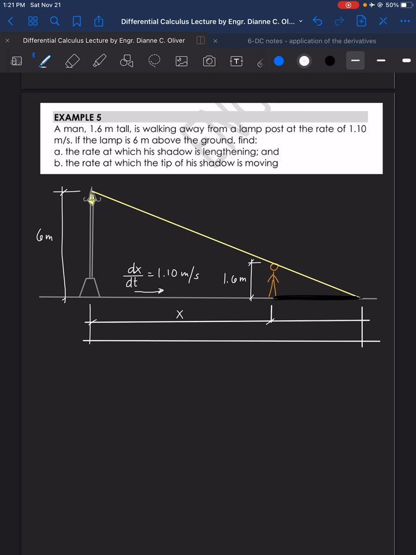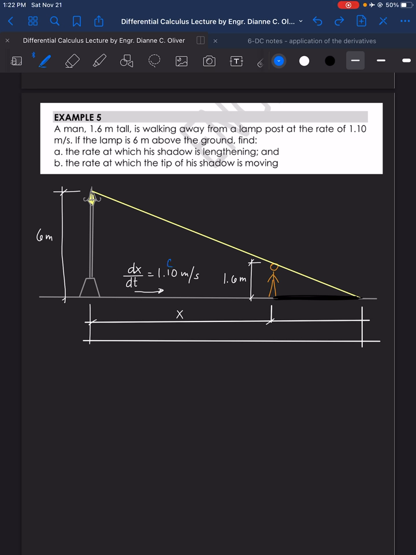Now, the first one, the rate at which his shadow is lengthening, is talking about the length of the shadow. If it's talking about the length of the shadow, where is the point of origin of that length? Obviously, the point of origin is none other than where the person stands.